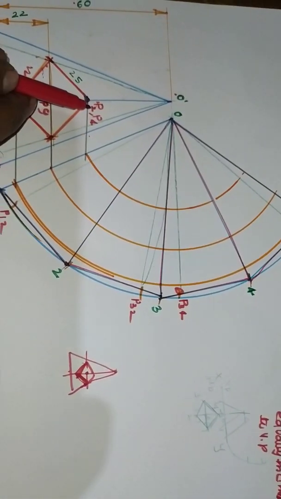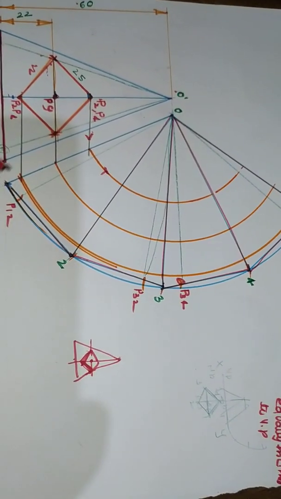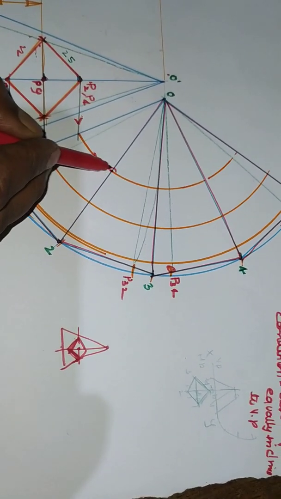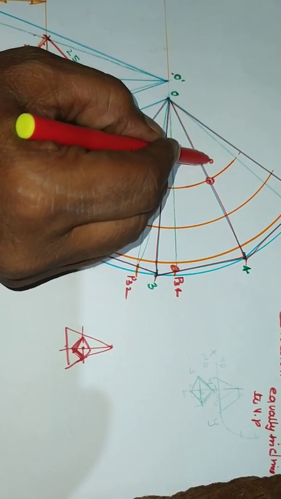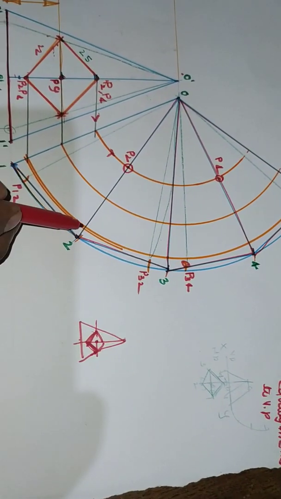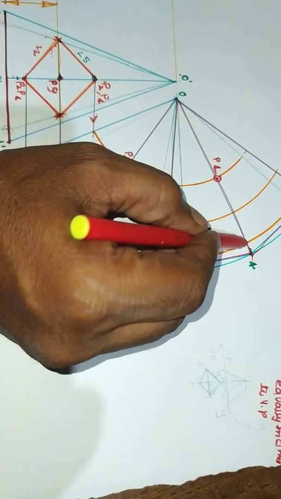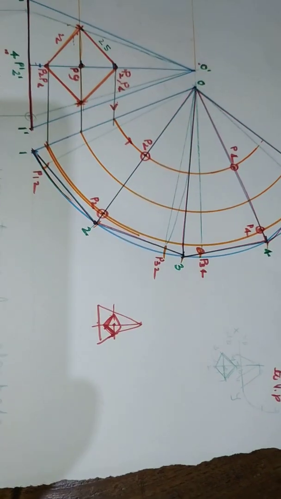This is the P2 and P4 line. Here is O2. This will be point P2. This will be point P4 on O4. At the base, this will be point P2 and this will be point P4.